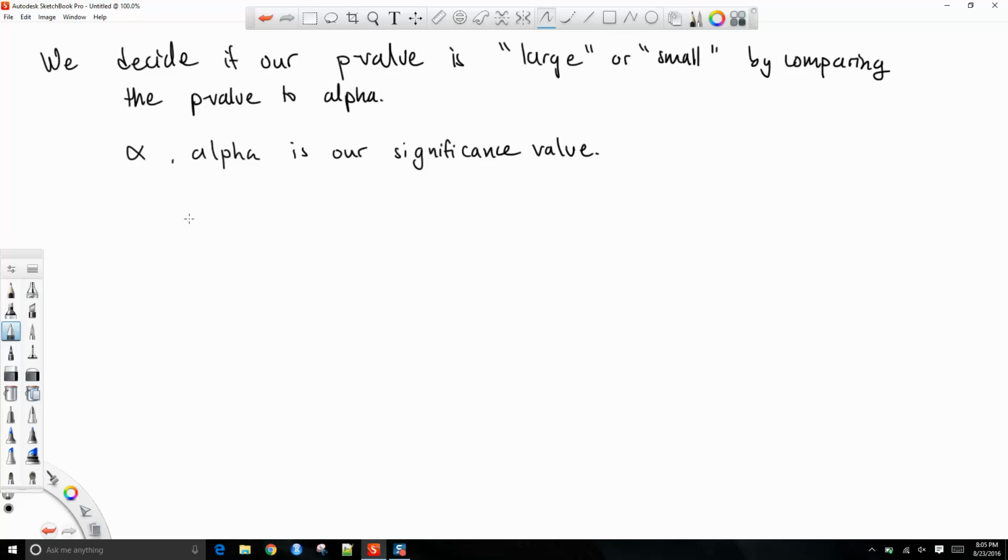There's something called a type 1 error. Let me talk about this. We have errors that are inherent to the process of inference.